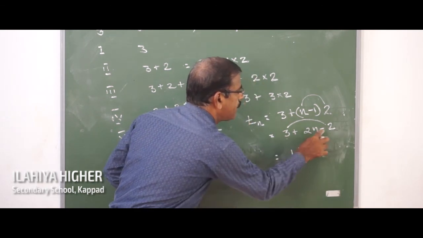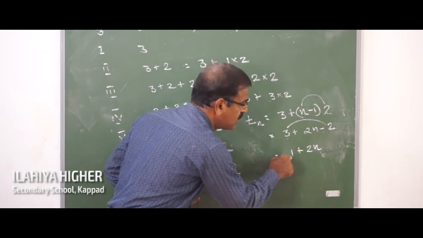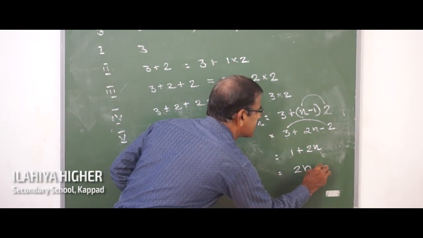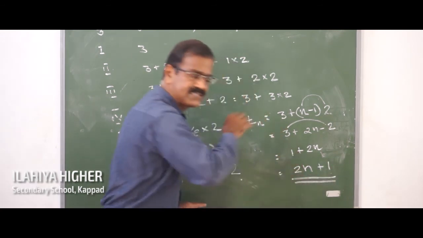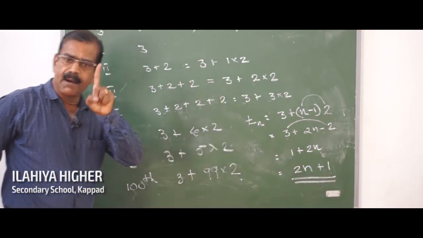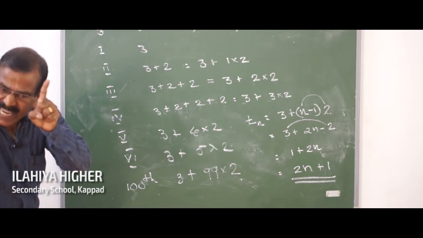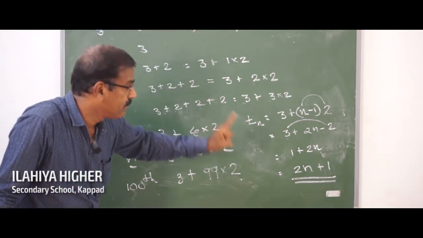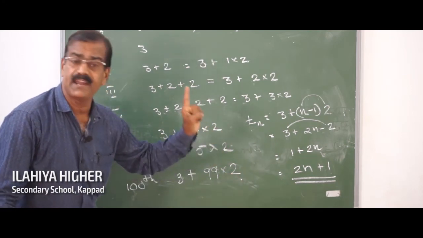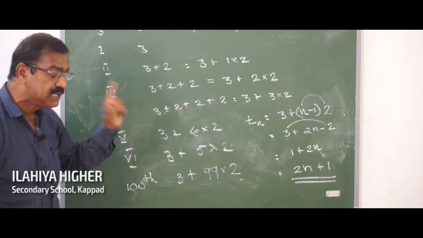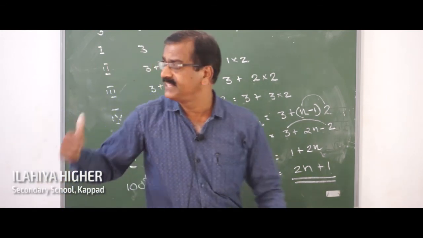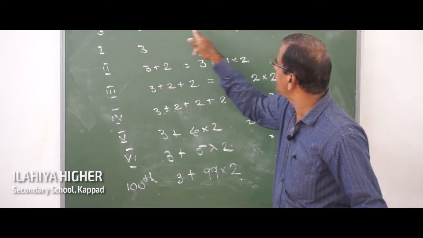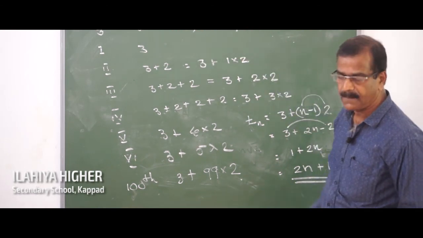Or you may write 2 times n plus 1. That is the number of sticks needed in the nth case. That is, in the nth figure, how many matchsticks are needed? 2n plus 1. That is the algebraic expression of this sequence 3, 5, 7, 9, 11, etc.